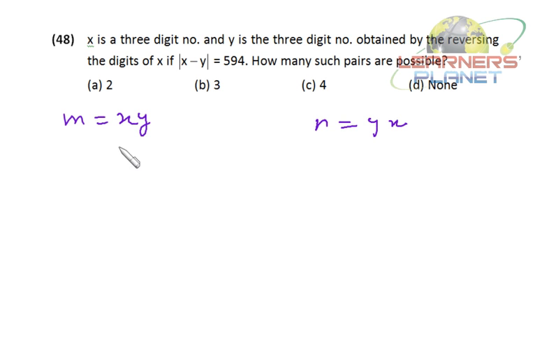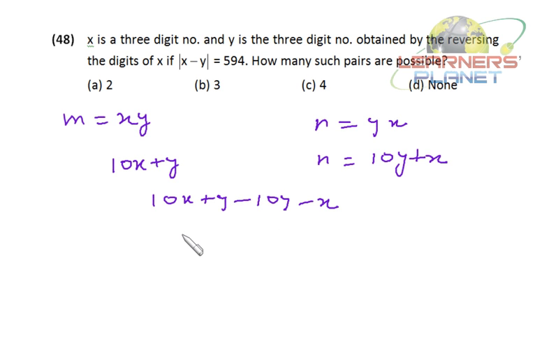Now any 2-digit number can be written as 10x plus y format, and similarly here n can be written as 10y plus x format. Now suppose I wish to find out the difference between these two, that is m and n. What I'll be getting is 10x plus y minus 10y minus x. I'll be getting 9 times x minus y.